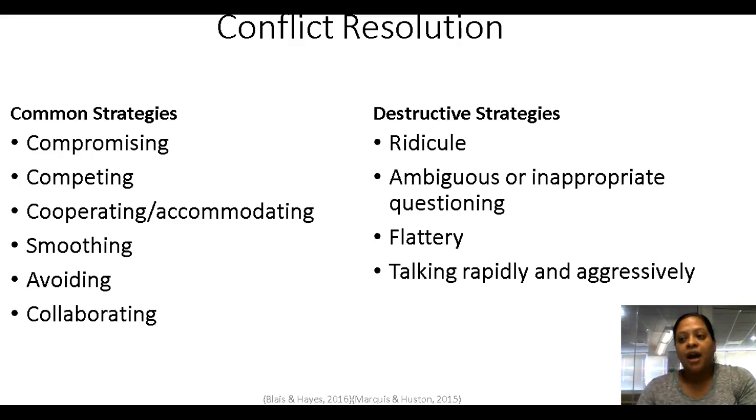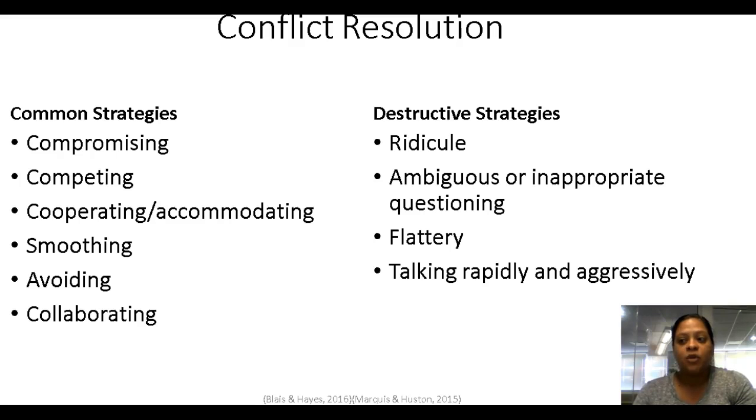In cooperating and accommodating, this is the opposite of competing. It's the least common conflict management used by healthcare professionals, in which one party sacrifices their beliefs or their wants and allows the other party to win. This will simply help the two parties move on, but there's no real resolution of the conflict.